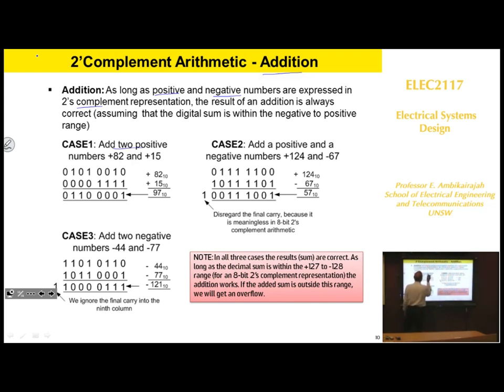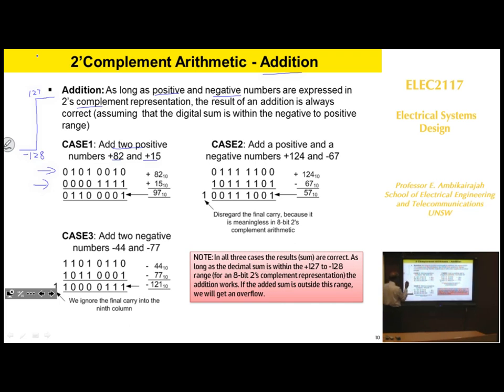So, add 2 numbers. This is an 8-bit arithmetic, so we need to know the range. If it's 8-bit arithmetic, the positive number that you can represent is 127, and the negative number you can represent is minus 128.